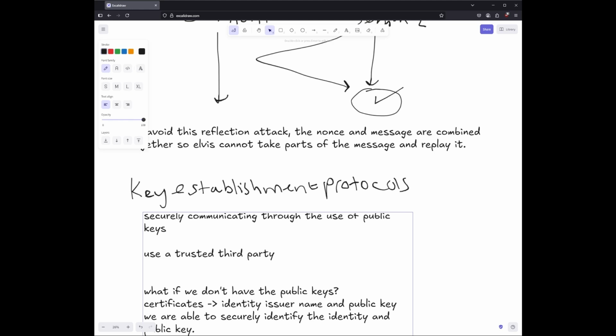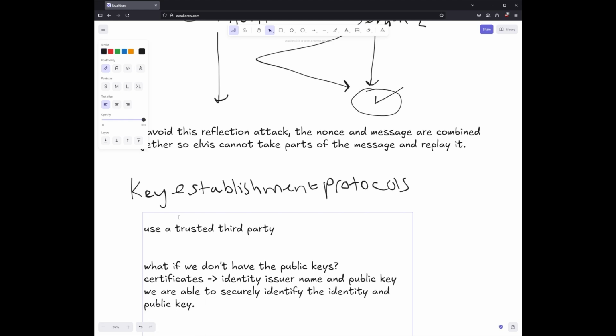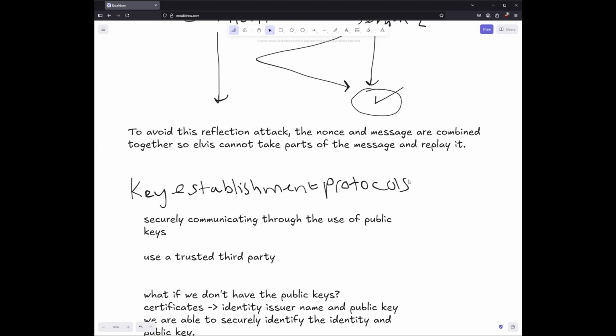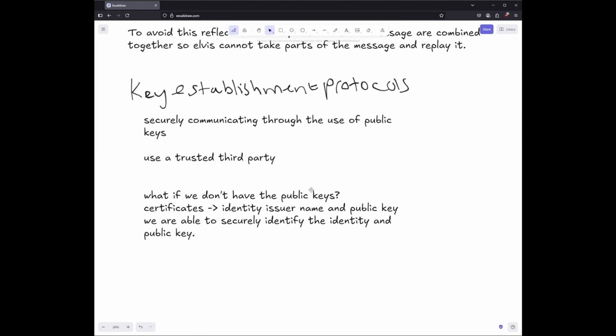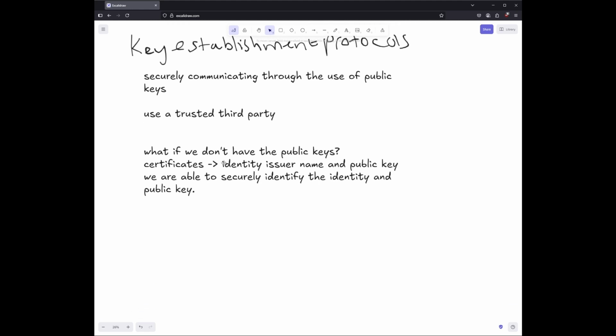Obviously, this won't work with self-signed certificates if you don't check them when you do TLS, the transport layer security protocol. But that's another issue, which we won't address today. Cool. So I'm going to move on.